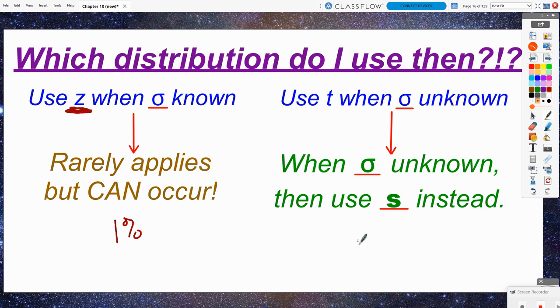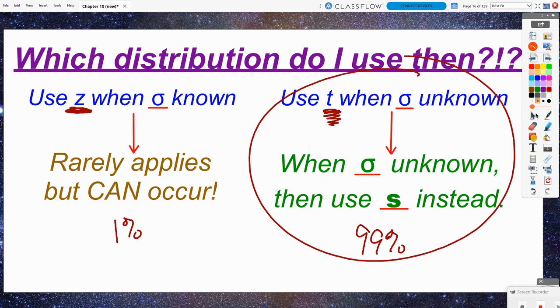But most of the time, probably 99+% of the time, you are not going to know the population standard deviation sigma. Therefore, instead of sigma, we're going to swap it out with s, the sample standard deviation, and then we get to use a t critical value instead. Okay? So for the most part, t critical values for means.